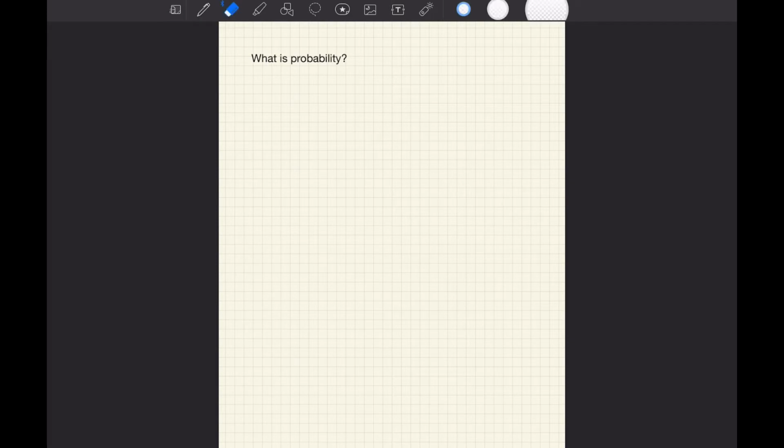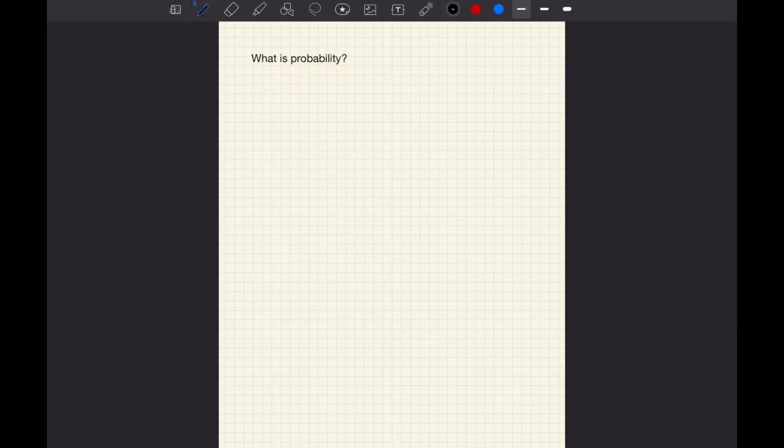Today we're looking at what probability is. Okay, so we're going to look at how we calculate it, what it is, and in my other two videos, we're going to look at how we can read probability questions and Venn and tree diagrams. But first, let's have a look at what probability is.